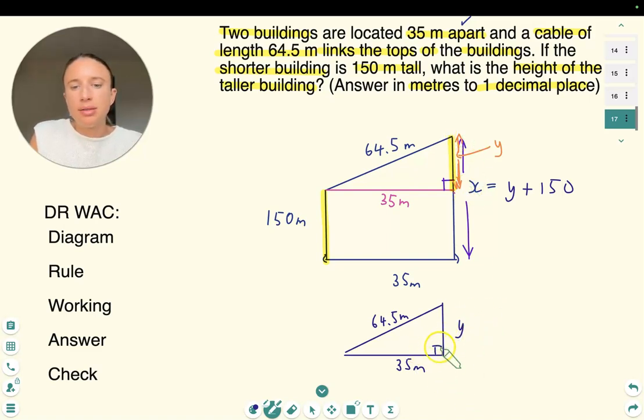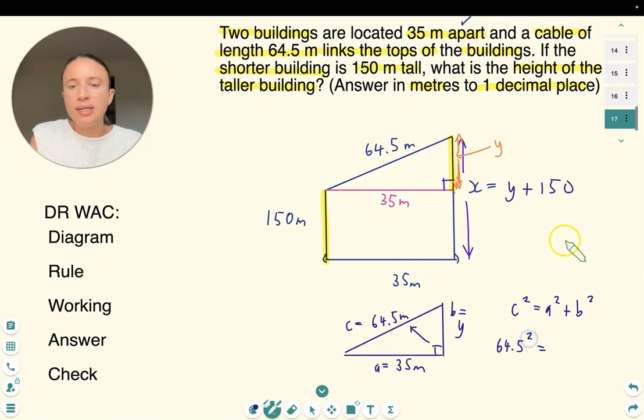Now, diagram, rule. We've got 3 side lengths involved, so we're going to use Pythagoras. Now go back and label your diagram with C, A, and B.